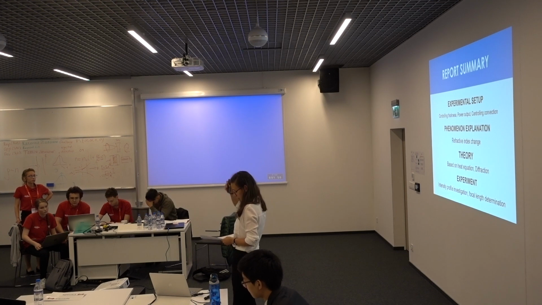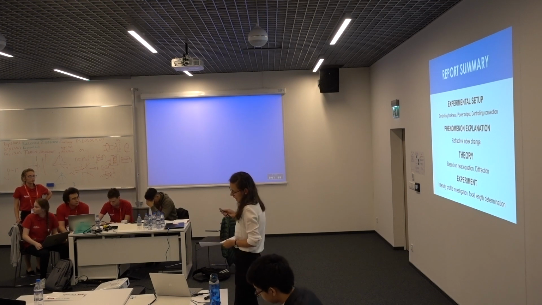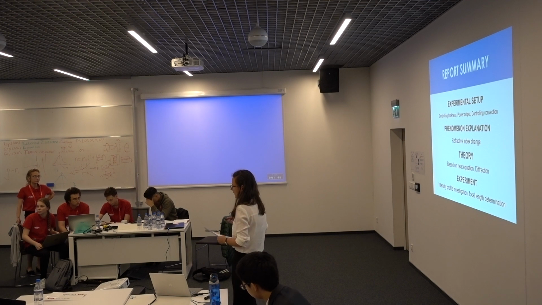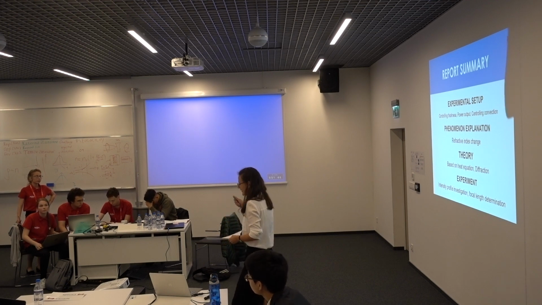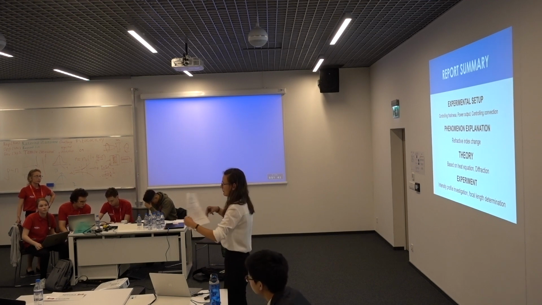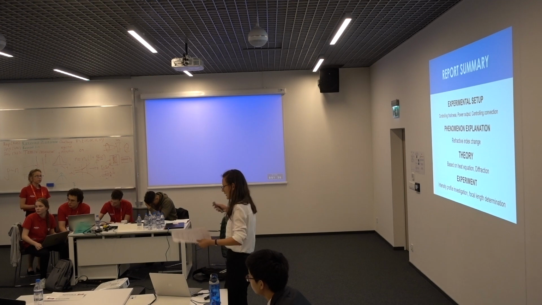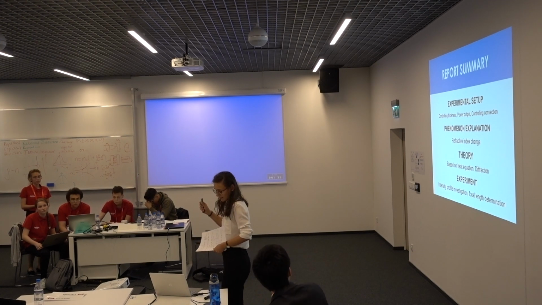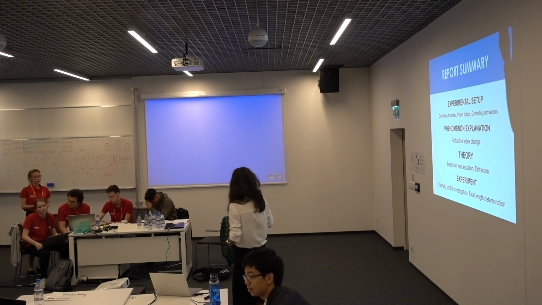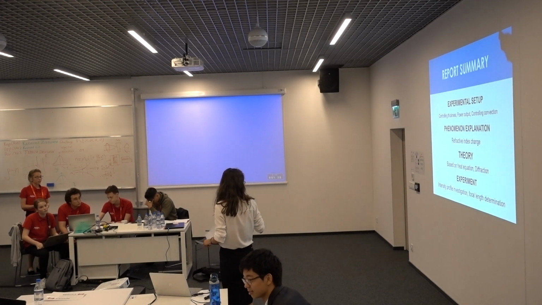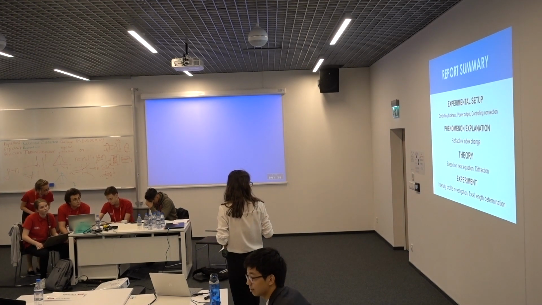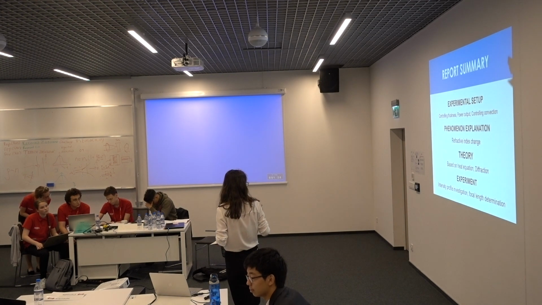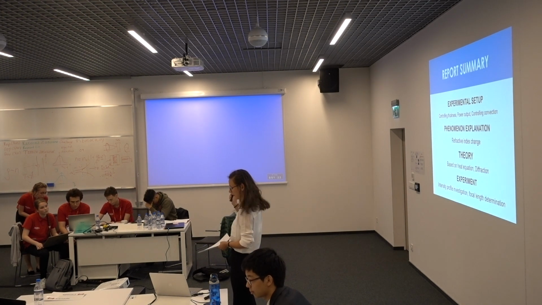Then, for the phenomenal explanation, they tried to qualitatively explain how the temperature is changing over the dimensions of the width of the soy sauce. The theory was based on the equations and the diffractions. Then in the experiments, they tried to investigate the intensity profile and the focal.